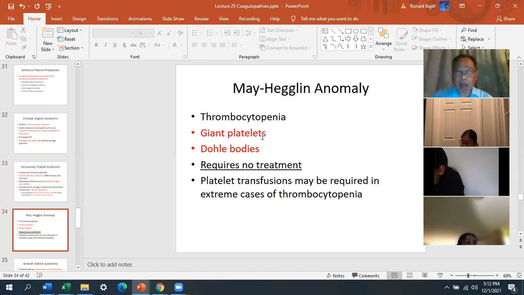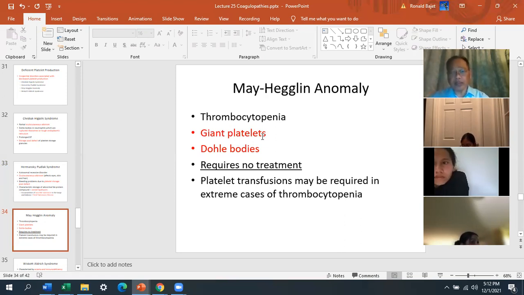In May-Hegglin anomaly, you have the accumulation of just Döhle bodies, without the oculocutaneous syndrome, okay? You just have Döhle bodies with giant platelets. That's May-Hegglin. So if you come across Döhle bodies in your differentials, don't just say, wow, that's May-Hegglin.